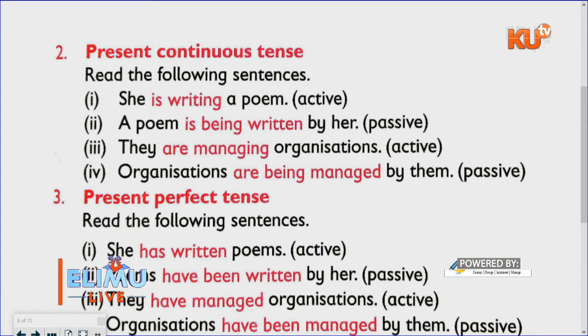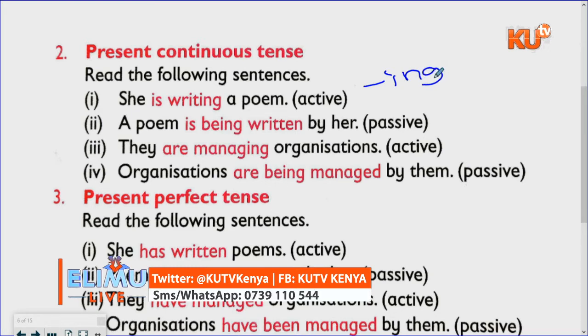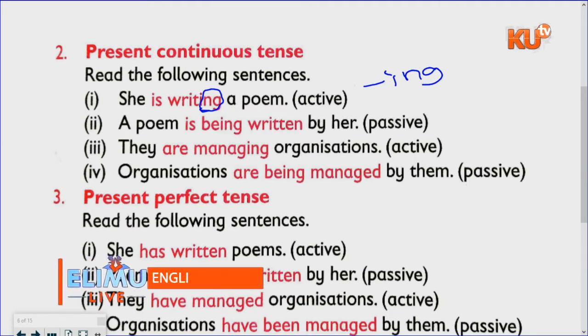Is indicates present, then writing, that suffix ing. Whenever you see this suffix ing, it indicates continuity. It is therefore the part of the verb that tells you it is in continuous tense.